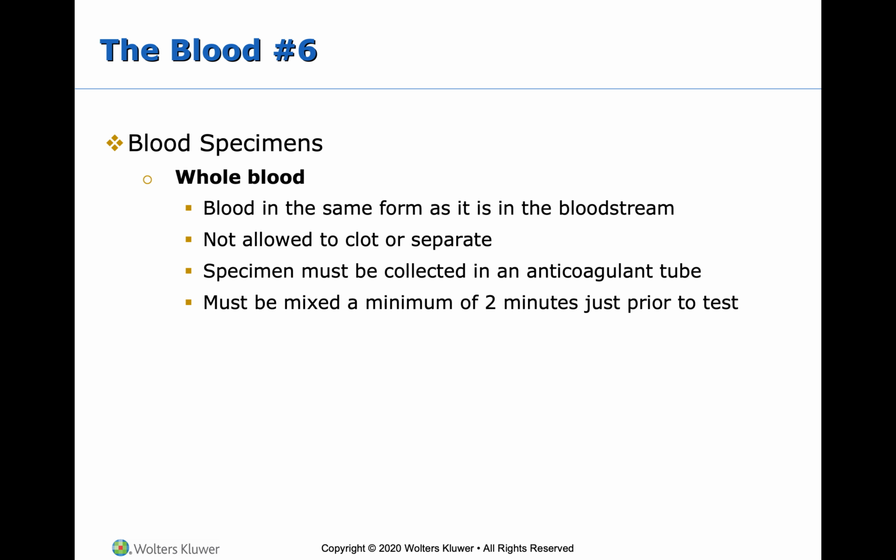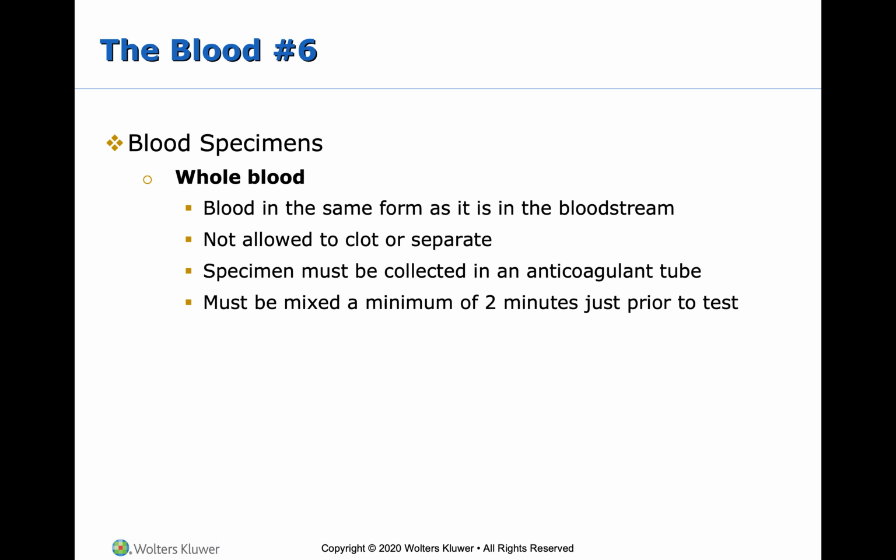We're looking at the erythrocytes, the leukocytes, and the thrombocytes, and we're looking at disorders of those components within the blood. So a CBC, complete blood count, would be an example of a whole blood test, because they're checking out the erythrocytes, white blood cells, and your platelets.